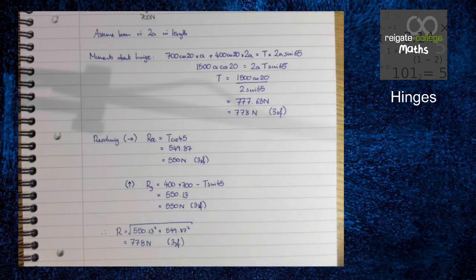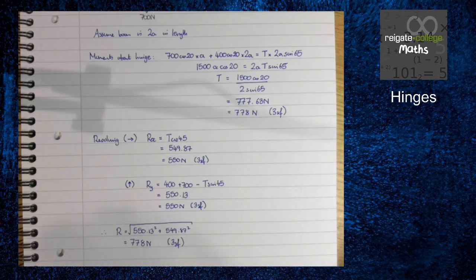So what follow-up questions could we have? Well, in this example, we assumed the string or the cable was light. You might have to explain how modelling the cable as light affects the model, and you'd say something along the lines of the weight of the cable is not considered, and it's not included in the model.